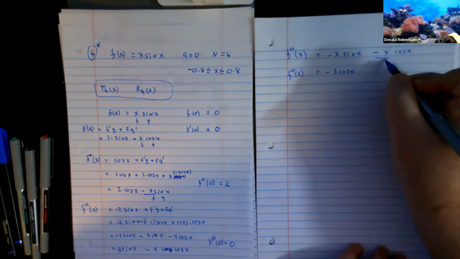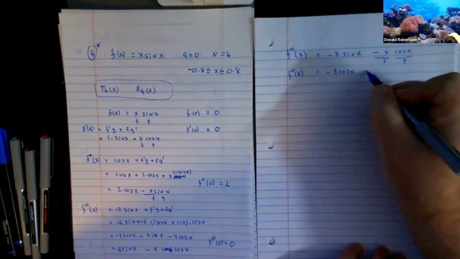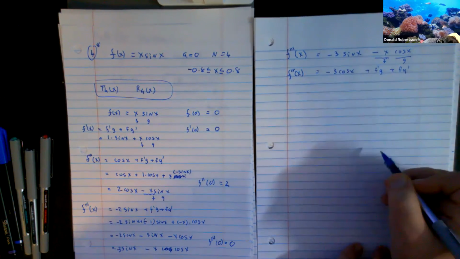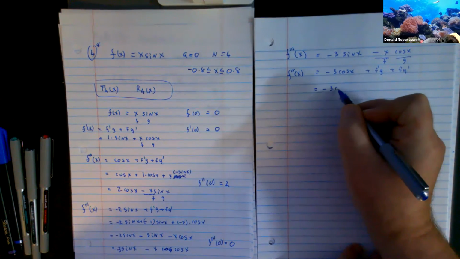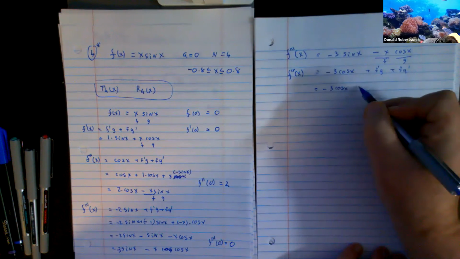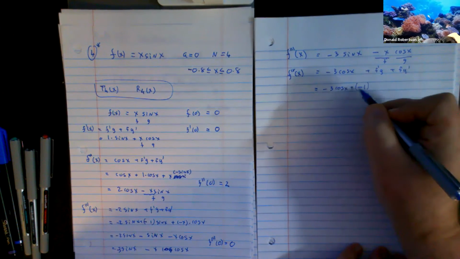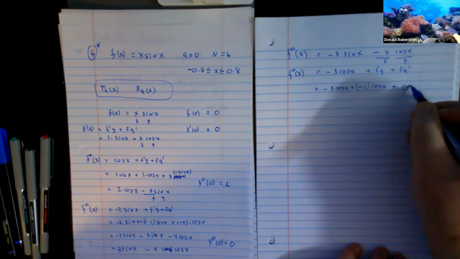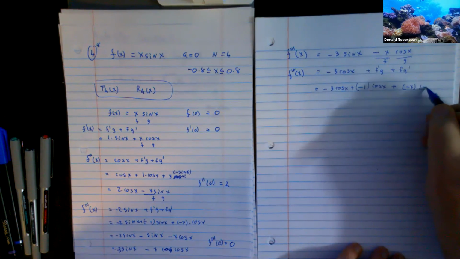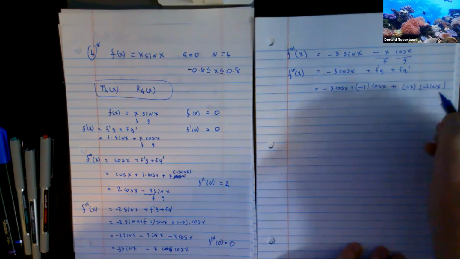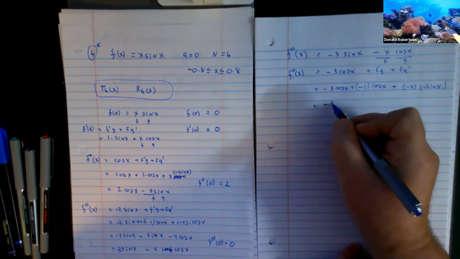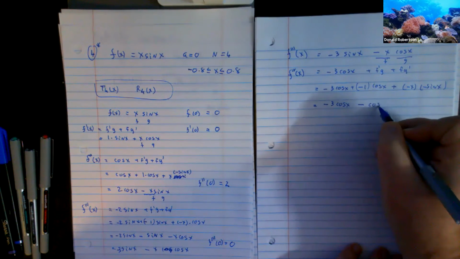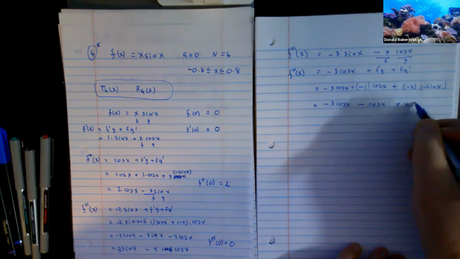If I call this f and I call this j, I get, yet again, another one of these. This guy is negative 1 times a cosine x plus a negative x times a negative sine x. Let's see where this is going. Negative 3 cosine x's. Take away a cosine x. Add an x sine x.